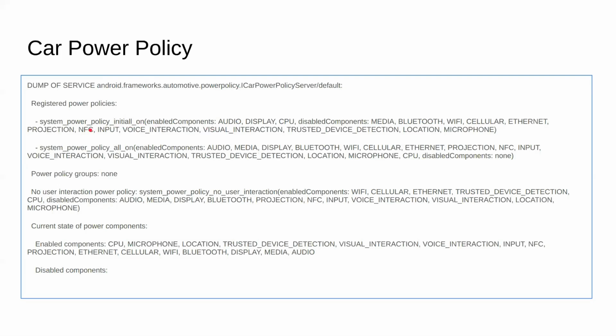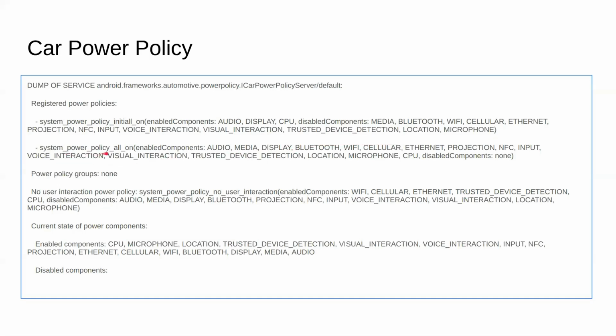For example, if you see here, the power policy initial on is a policy that is defined or registered, which has the components audio, display, and CPU enabled during this stage, and all the other features like media, Bluetooth, and Wi-Fi cellular are not active at this point of time. So this is very early in the boot stage where this policy gets applied, and the majority of the peripherals are not active at this point of time.